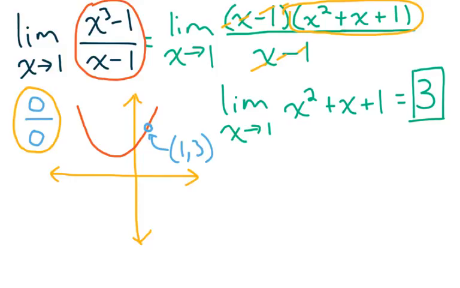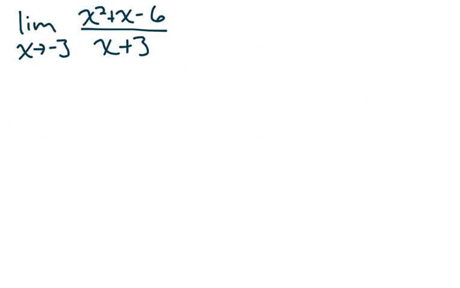Okay, so let's look at one more that works exactly the same way. We're trying to do the limit as x approaches negative 3. Clearly, if I plug that into the denominator, I'm going to get 0, and that's a problem. But we notice that negative 3 squared is 9, and 9 plus negative 3 is 6, and 6 minus 6 is 0.